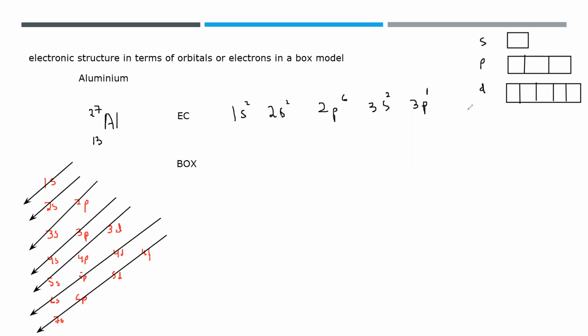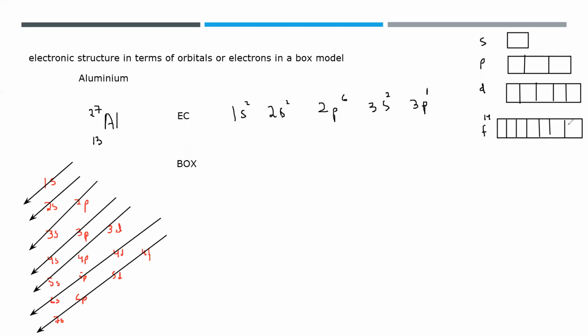And the last one, F is there. Maximum divided into 7, and each can hold 2. So maximum F can have 14 electrons.